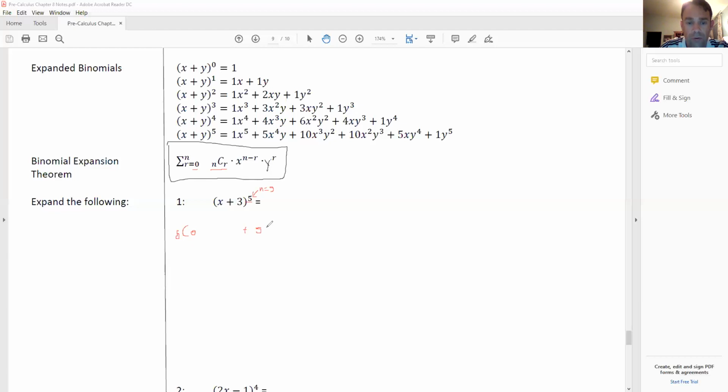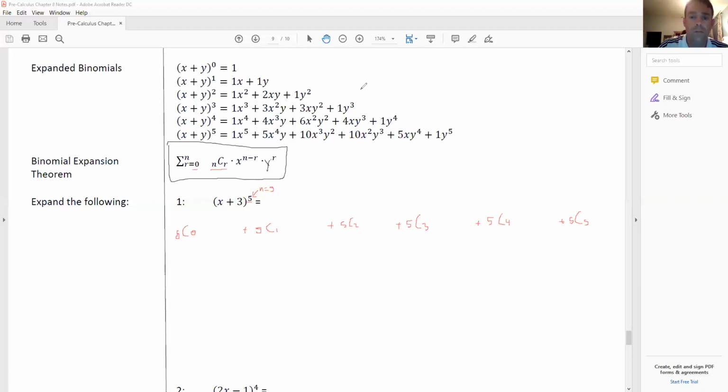Every term is going to have 3 parts to it. The first part is the coefficient. The coefficients come from Pascal's triangle. They come from these combinations. So we count all the way up until we get to 5c5.